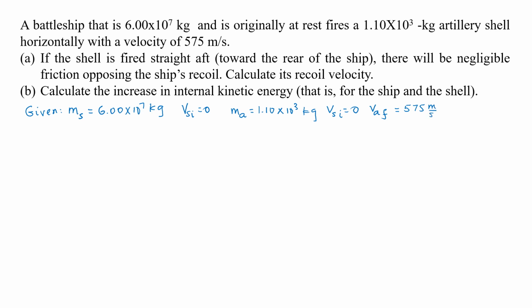Alright, so what is A asking for? The recoil velocity of the ship. Let's represent it by v sub s f. That's what we are required to find. Now, what relates the masses and the initial velocity to the mass and the final velocity of the system? That is momentum. Initial momentum must be equal to final momentum.